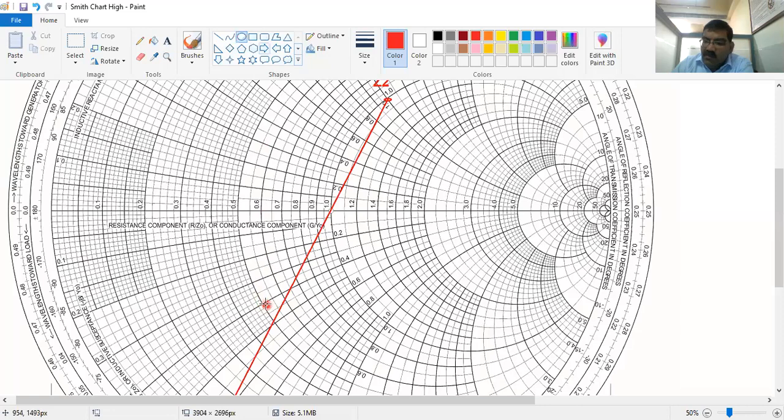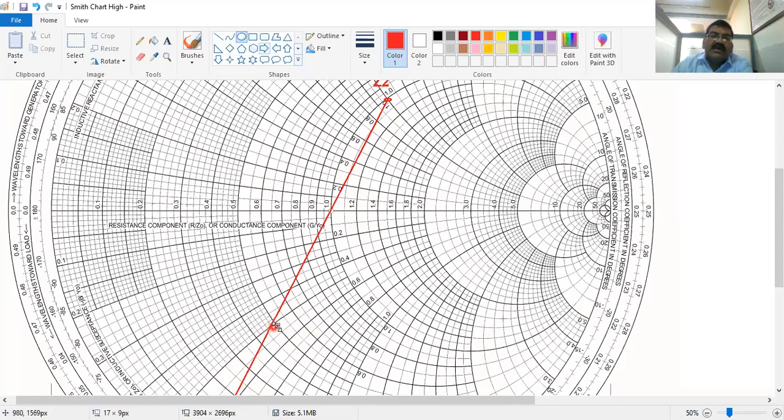So the point mark I should get is here, this is 0.5 and this is 0.5. Here I get 0.5, 0.5. So actually I should get 0.5, 0.5 here. My line has a little divergence, a little deviation.